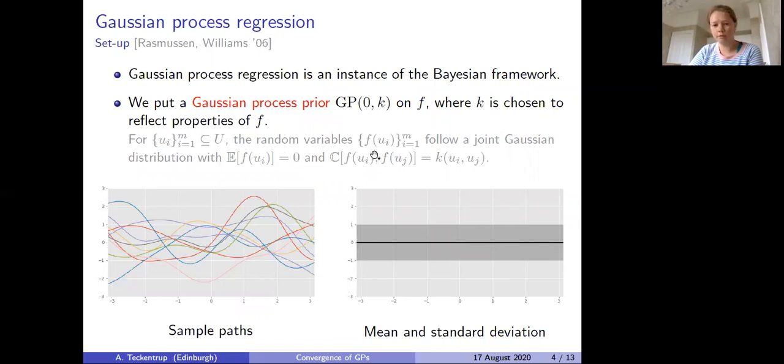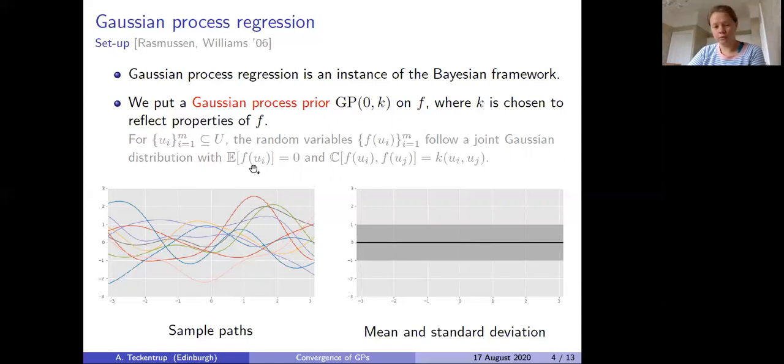If you're not that familiar with Gaussian processes, I've given the definition here. Modeling the function f as a Gaussian process means that at every point u_i in the domain U of the function, we now have a Gaussian random variable. The mean function of the Gaussian process, which is this first term here, gives you the mean. In this case, for simplicity, I've chosen mean 0, which means that the expected value of f at any point u_i is 0.